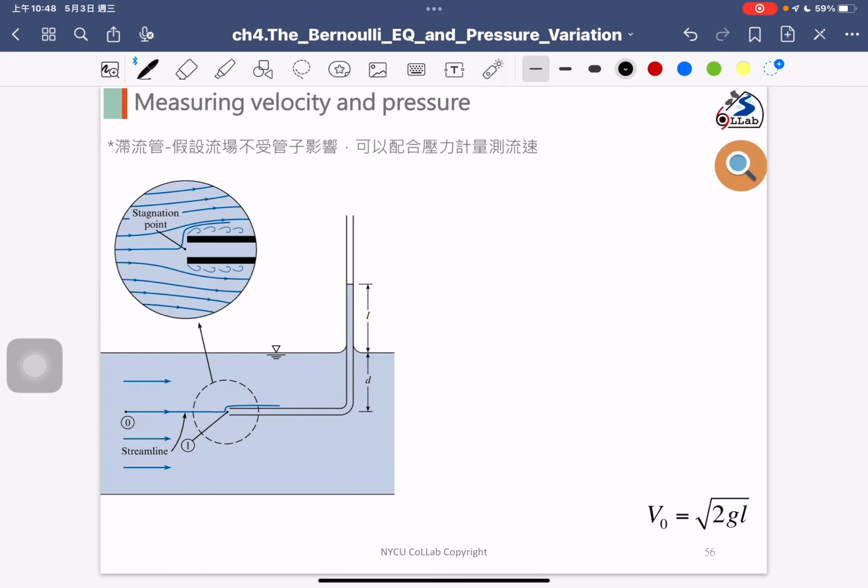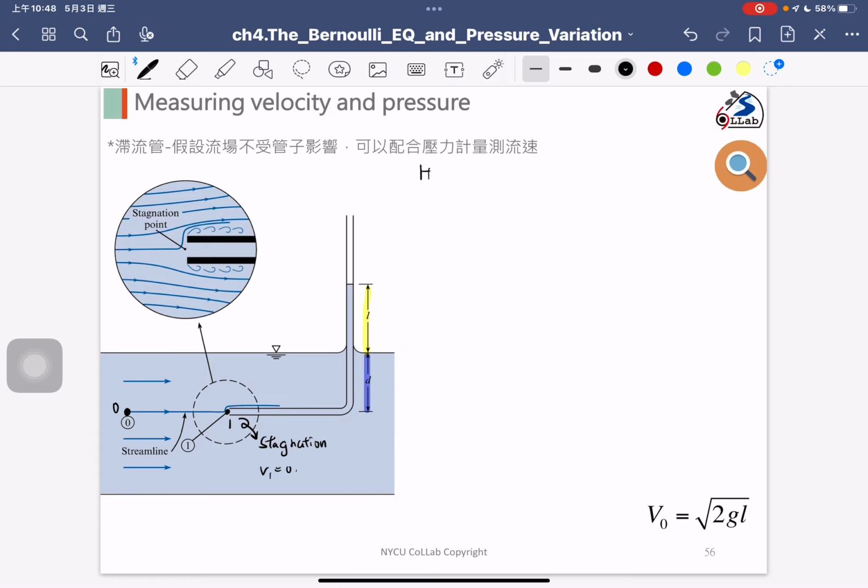So I reconsider again, we have the Bernoulli equation. We consider two points, point 0 here and point 1 here. And as we know, point 1 here is our stagnation point, and V1 will equal 0. There are some difference in height: we have the L height, and we have the D height, the water depth we want. Because we only have a height difference, right now I use the head form of the Bernoulli equation.